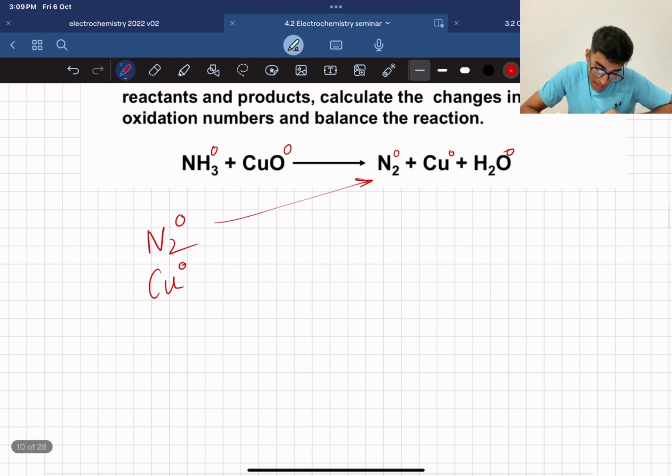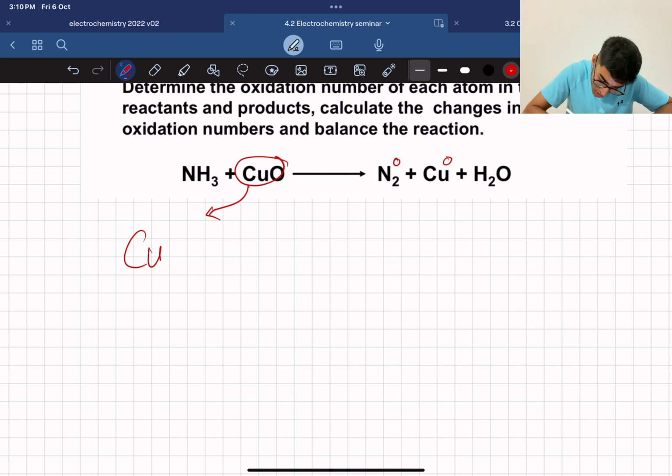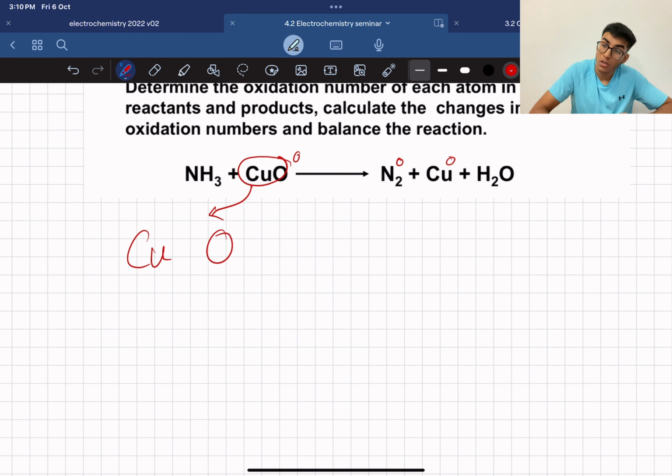Okay? So let's calculate. For now, let's remove all of this, and we are 100% sure that N2 and Cu are 0, 0. Let's find out the oxidation state for CuO, Cu and O. Now, looking at the formula, we know that the final oxidation state is going to be 0 because there's nothing on top, right?